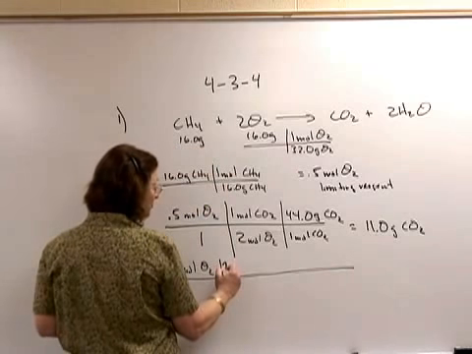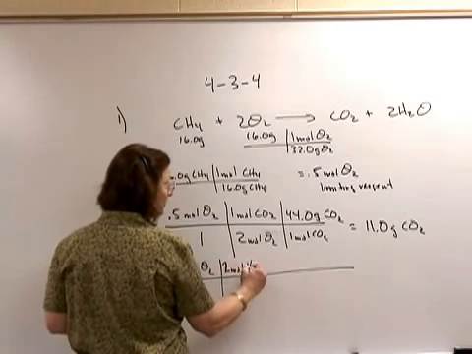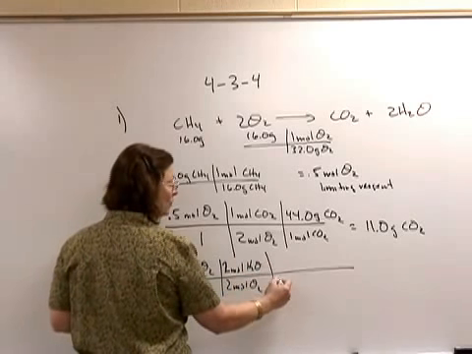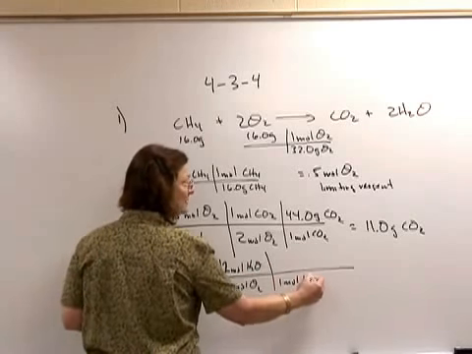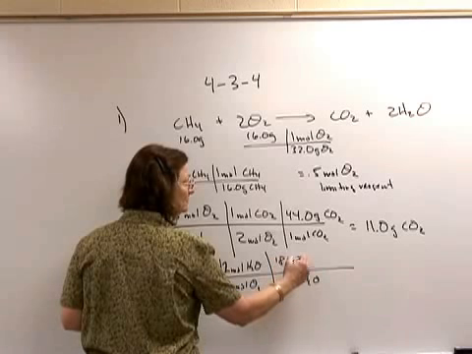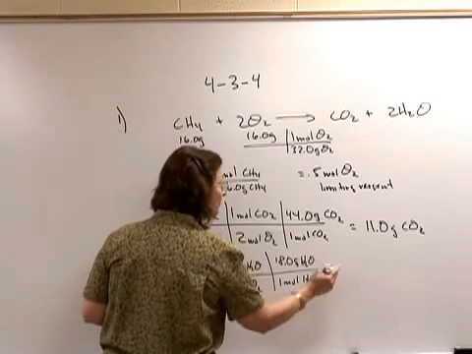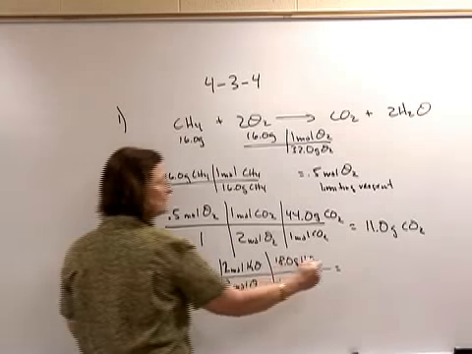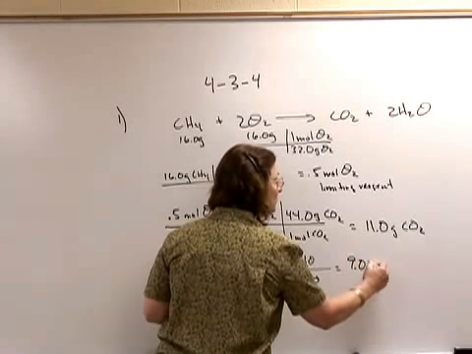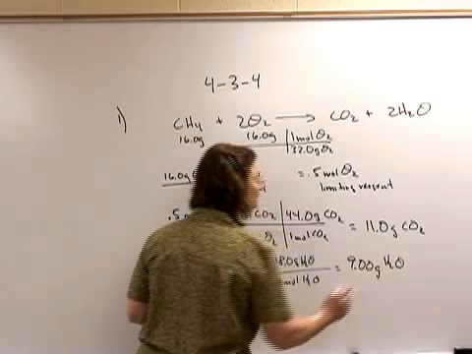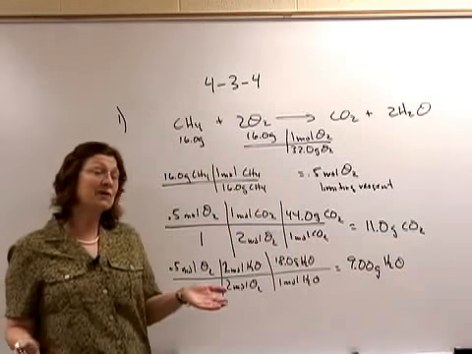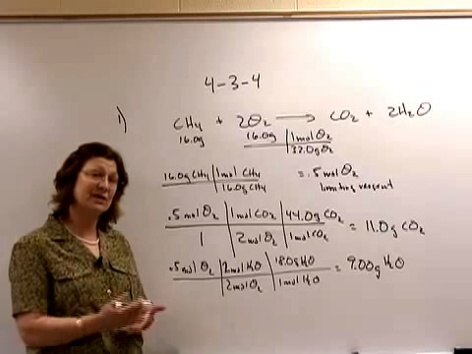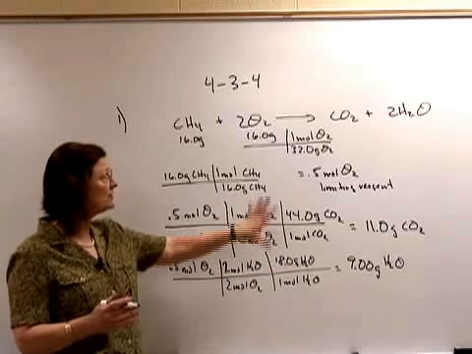Then I also have 0.5 moles of the oxygen, and I want to know what mass of the water. And there are 2 moles of water for every 2 moles of oxygen. And 1 mole of water has a mass of 18.0 grams. And therefore I can do this in my head, half of 18 is 9.00 grams of water.